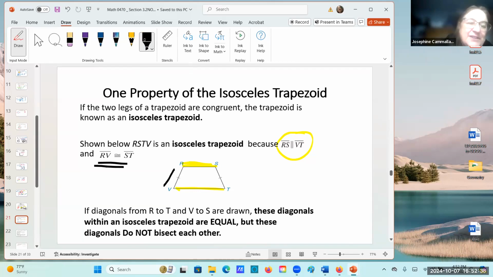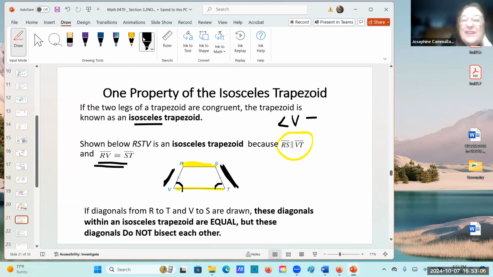These little side pieces here, these are equal in an isosceles trapezoid. But also in an isosceles trapezoid, this base angle will be the same.